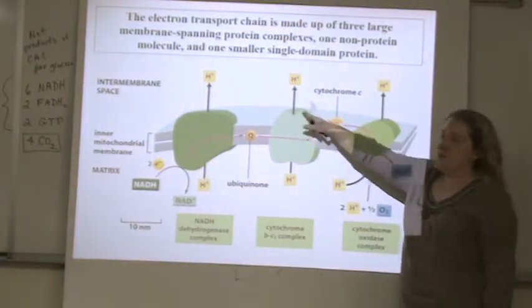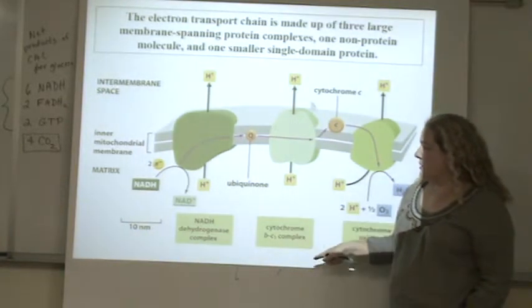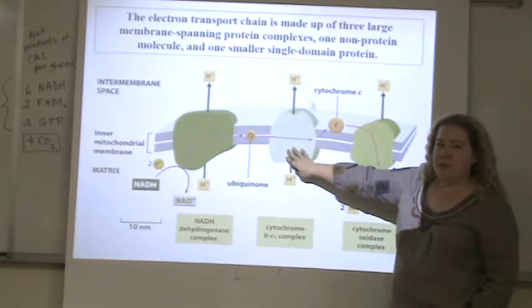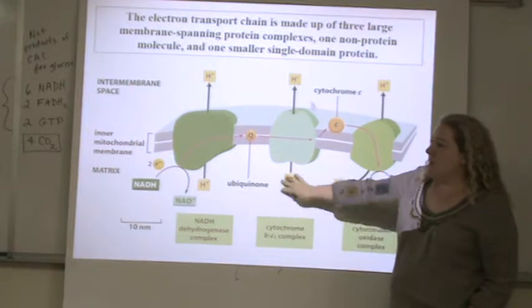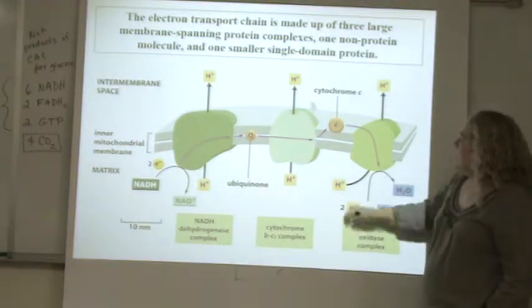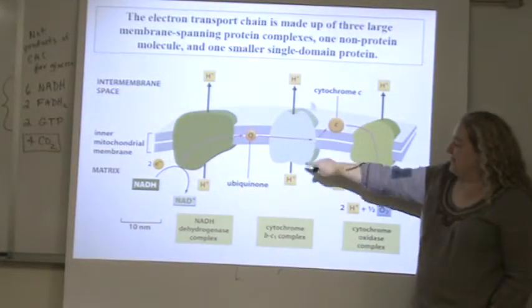Then we have another proton pumper. This one is cytochrome BC1 complex. It's also complex 3. Can have either name. I use the book names in here. The next in the chain is cytochrome C. So that's useful.